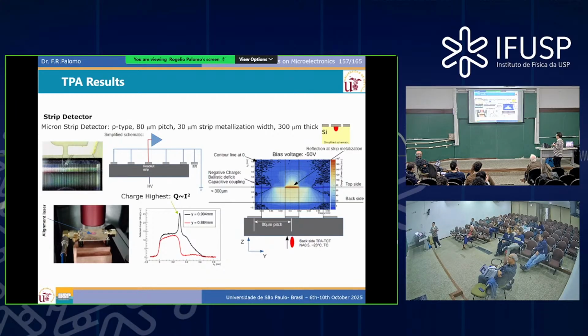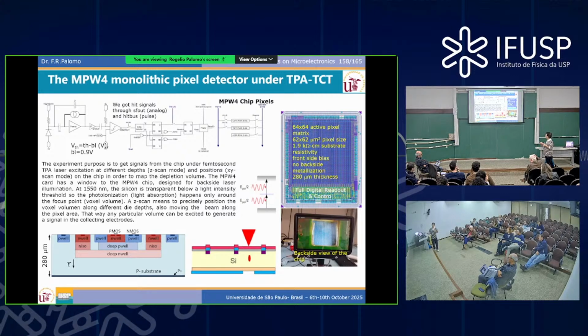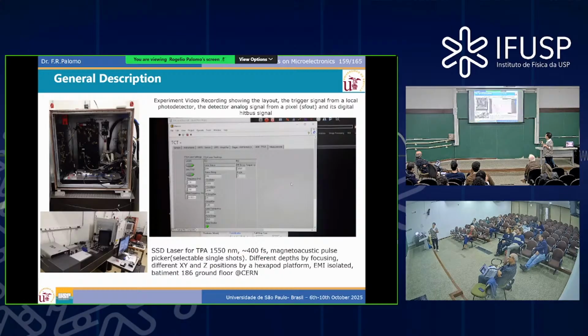If you do this experiment properly enough, we did it in the MPW4. We'll go very fast now. That's just a video of the experiment. You will see here the flashes of the laser. Remember, at that wavelength, the silicon is transparent with the exception of the focal point.